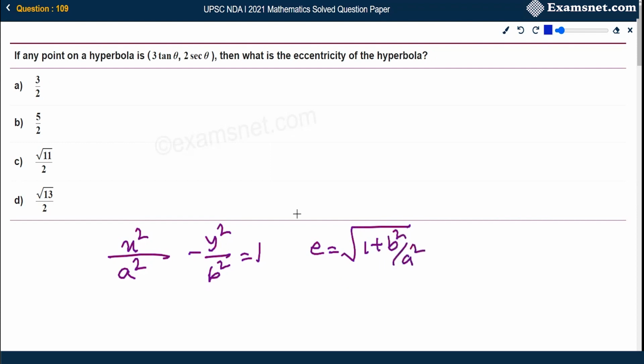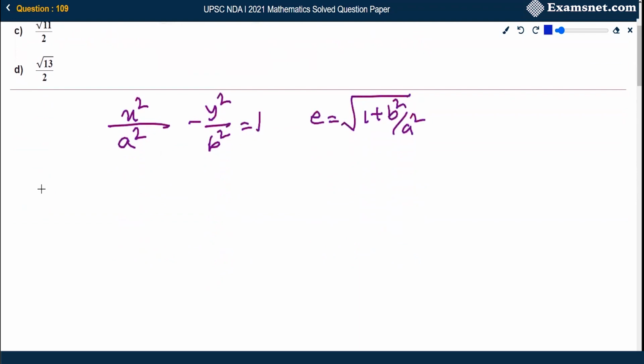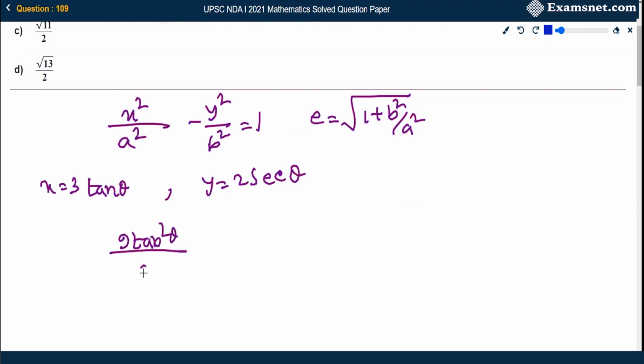Now here, since any point on the hyperbola is (3 tan theta, 2 sec theta), we can put these values: x equals 3 tan theta, y equals 2 sec theta. Let's put it: 9 tan square theta by a square minus 4 sec square theta by b square equals 1, right?